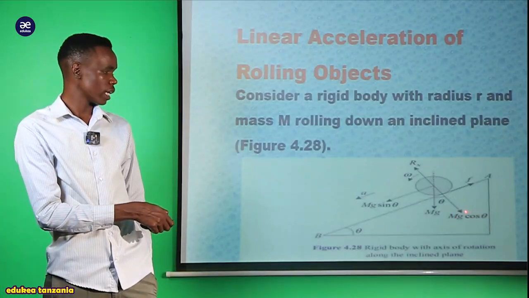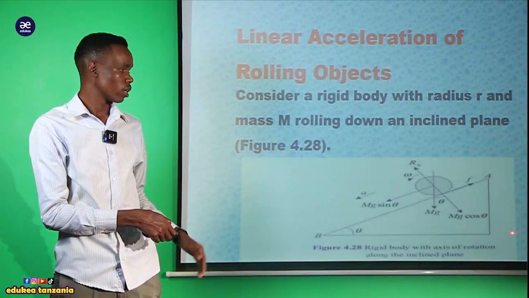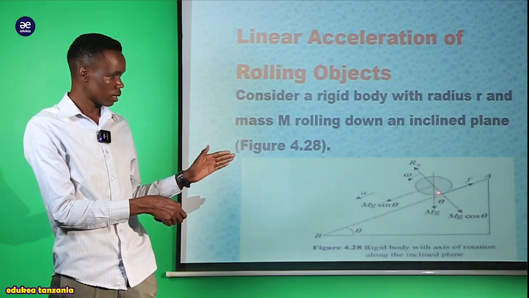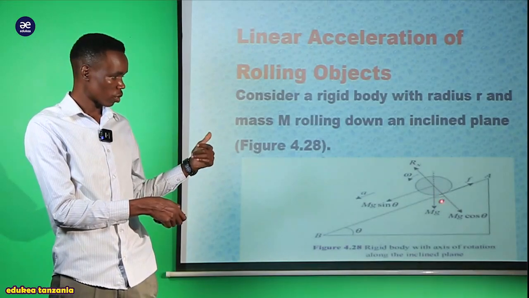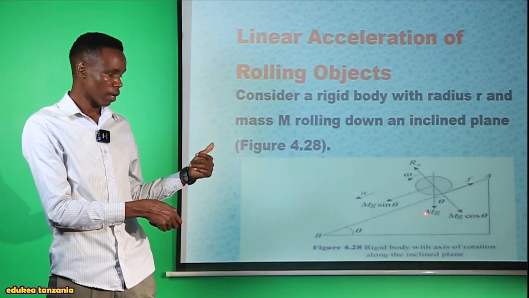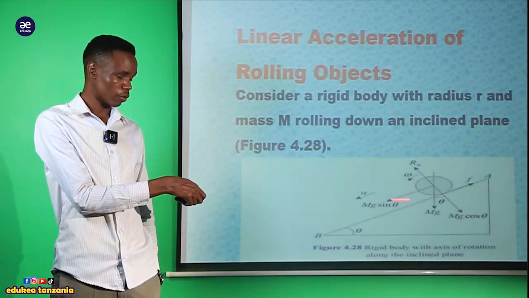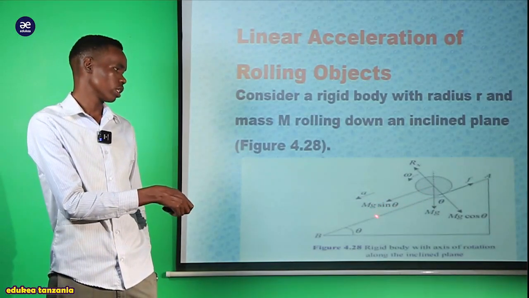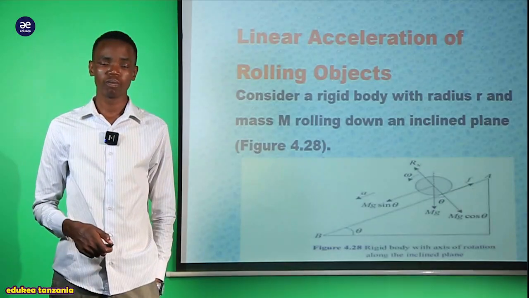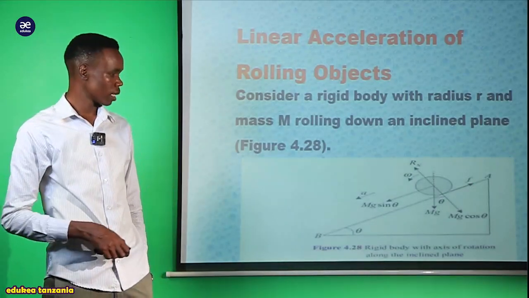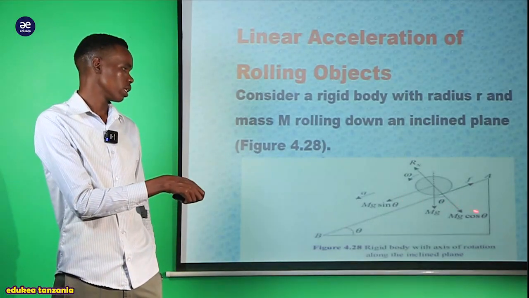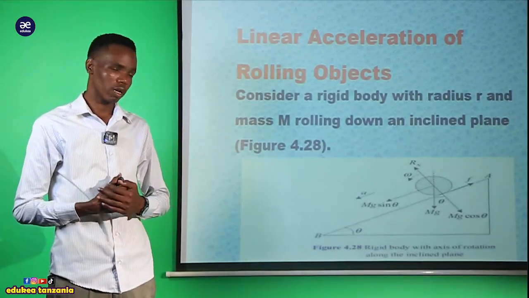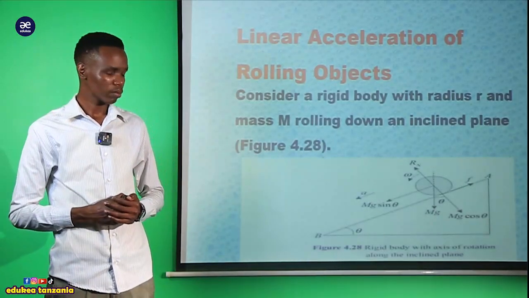If we resolve here, we get that the horizontal force, because the angle is toward the horizontal, toward this line, which is called the opposite, can be equal to mg sine theta, and also the vertical, my dear student, could be equal to mg cos theta. This is what we try to see here.